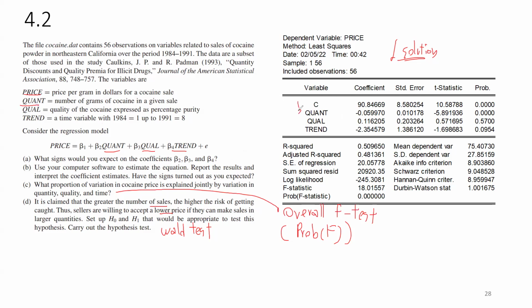So it means they would like to know whether beta 2 is less than 0 or not. So please think about whether this one is H naught or H1. Okay, and you can use the Wald test and see the result.